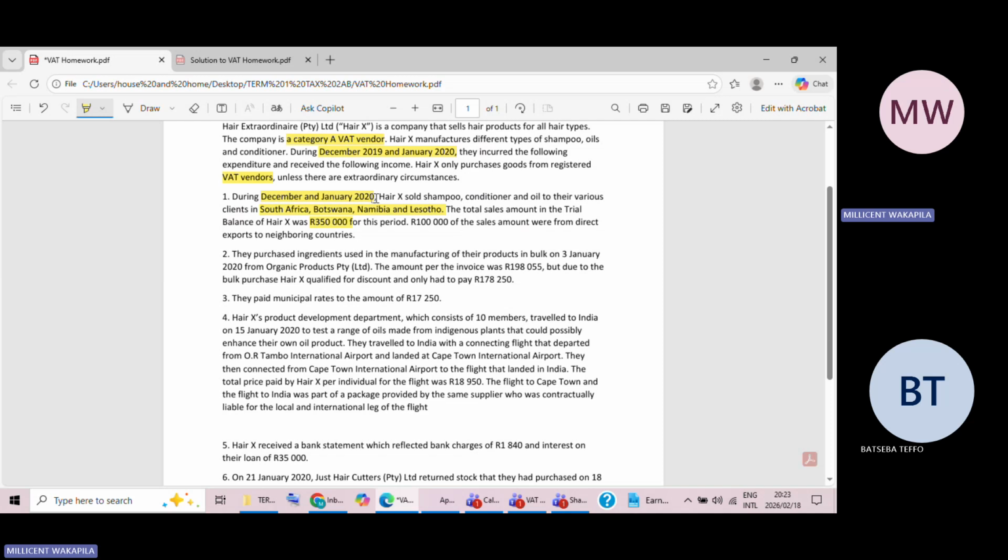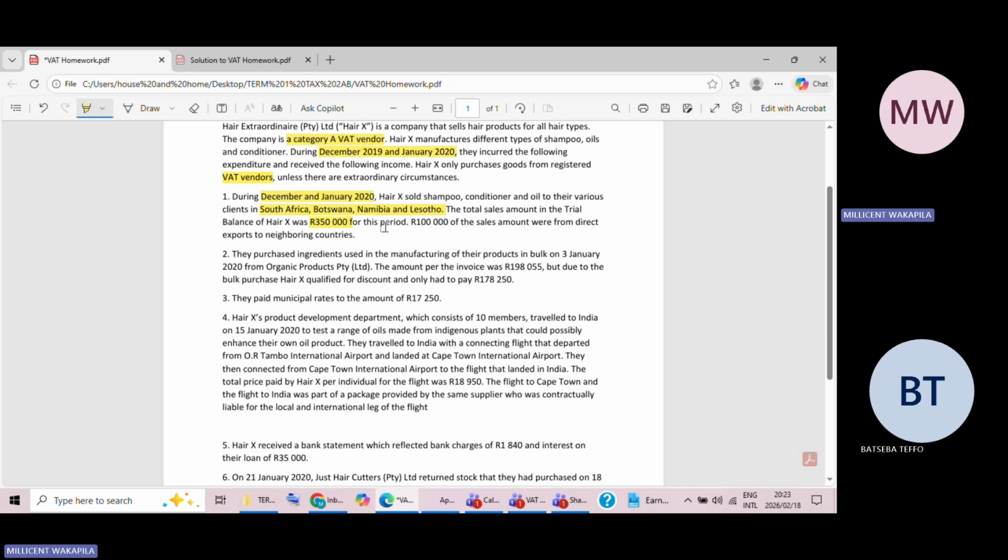And if you take a look at the table that I asked you guys to open, the one that has a list of the zero rated supplies and the exempt supplies, on the zero rated supplies, the first line that you see clearly says that export goods are zero rated.